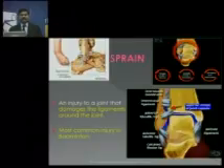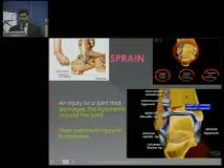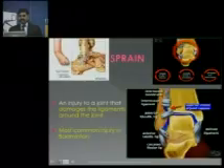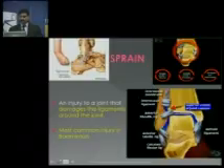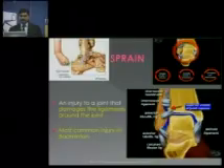What is sprain? Sprain is nothing but a tear or injury to a ligament. So this is an ankle joint where the medial inner and outer pillars are there in the form of ligaments. These ligaments can get injured, which can break the kinetic chain and decrease your performance.